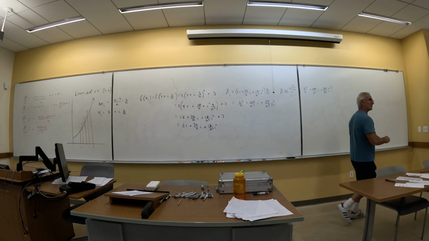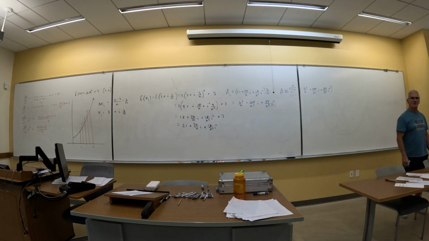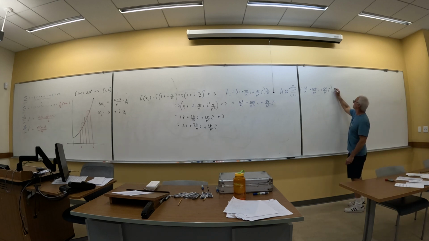Didn't we just come up with a formula for sums and scalar multiples? Didn't we just come up with a formula that said the sum, I can pull them apart and put them together? We did. Can I make this into 3 summations?